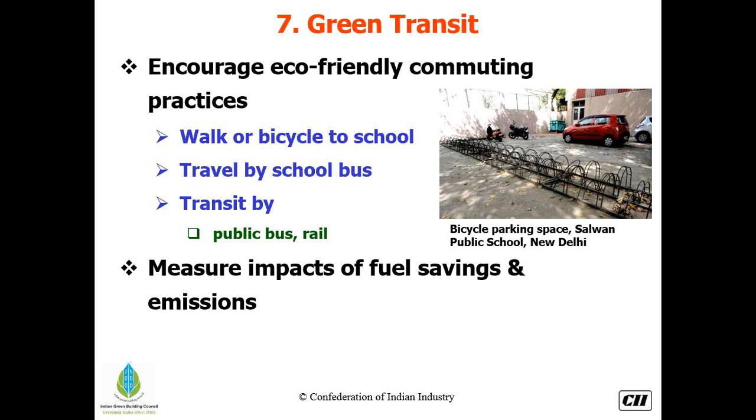Especially for schools, I think most of the schools in India have their own school buses where the maximum of their students travel by school bus. So you encourage your students more to come by school bus than by their own vehicles, so we reduce these emissions. And those who are nearby can come walking or by bicycle to the schools.